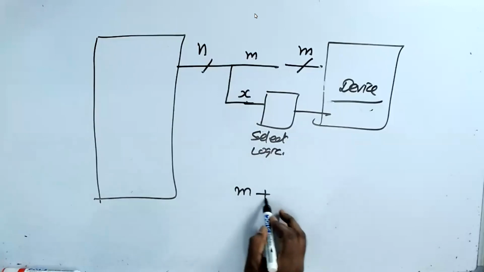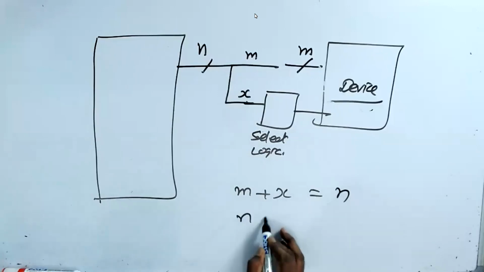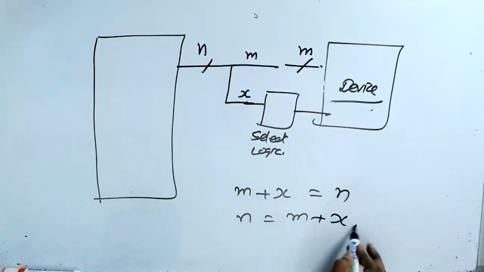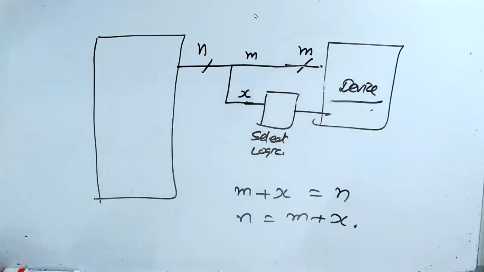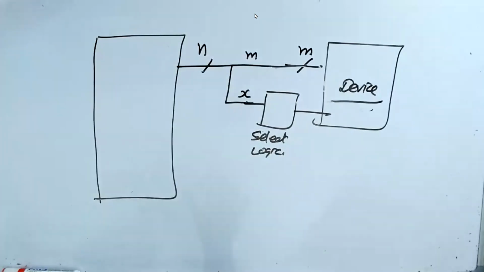So M plus X is equal to N, or N is equal to M plus X. That's it. You can give any size. Am I right? If you understand this, you understand the entire memory map.